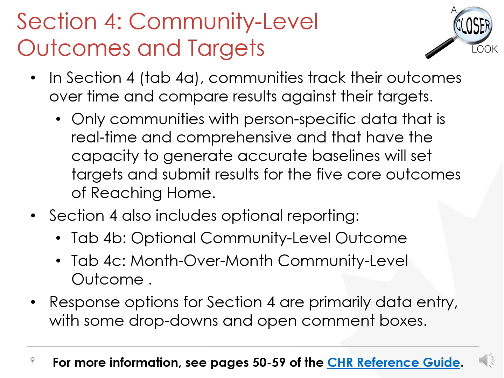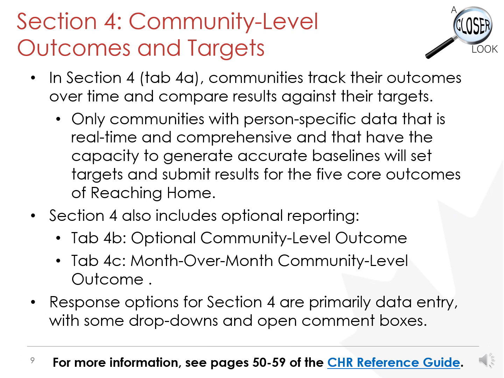For the 2023-24 CHR reporting cycle, there are also 2 optional reporting opportunities for communities. First, the optional Community Level Outcome tab, which is tab 4B within the CHR template, allows communities to report on community-level outcomes beyond the 5 core outcomes mandated under Reaching Home.